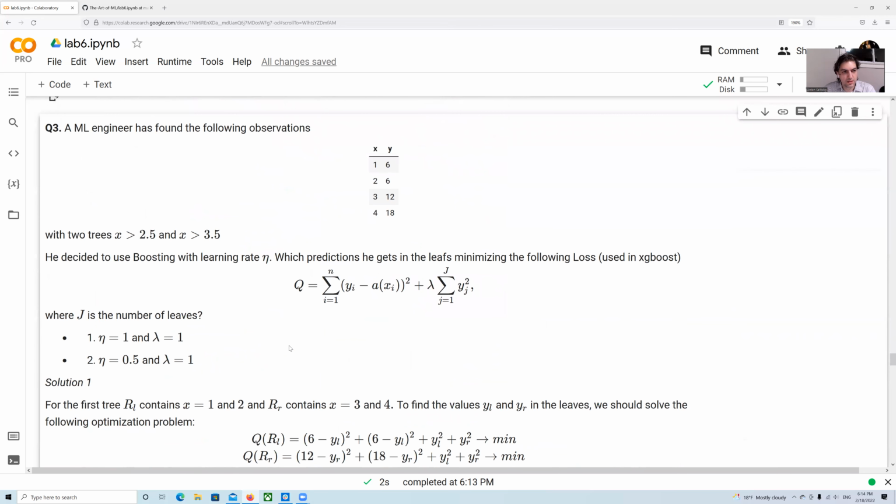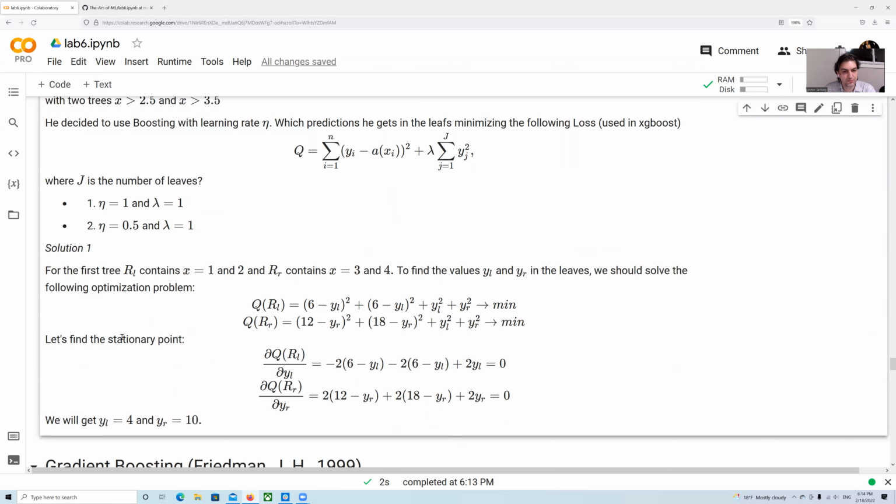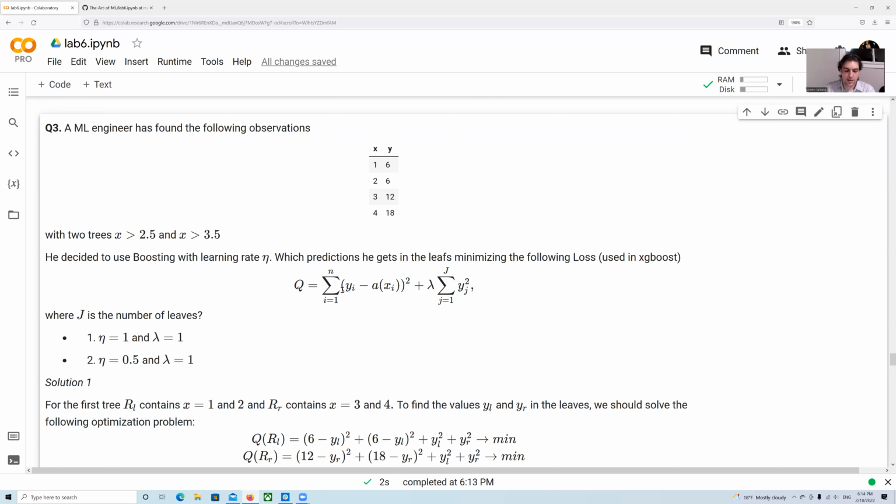Okay, there is another problem. I won't go through it because I wrote the solution here. I just wanted to show that for decision trees, we can use not only the minimizing of variance in leaves, but we can use different quality functions. In this case, we have a regularization term. We want to make a little bit smaller predictions in one leaf.